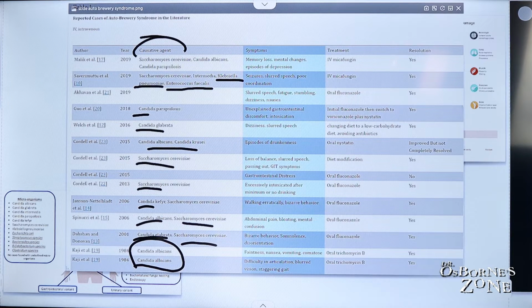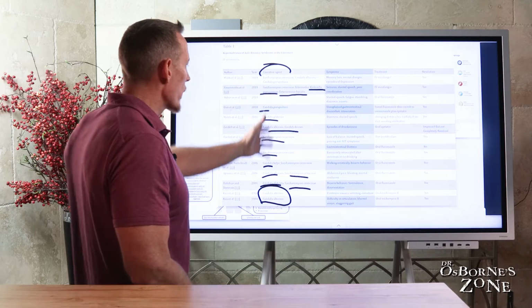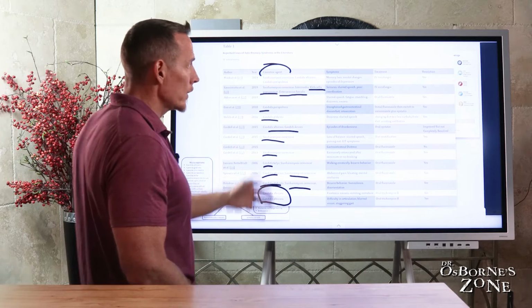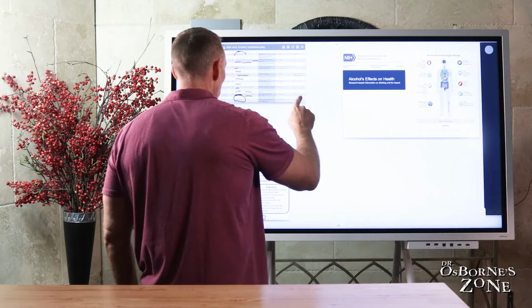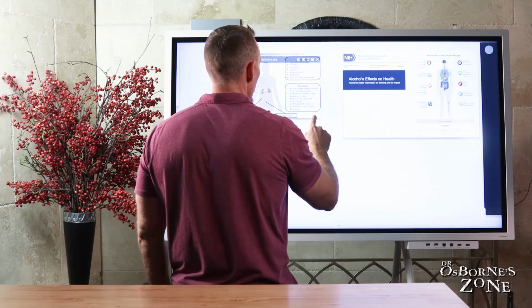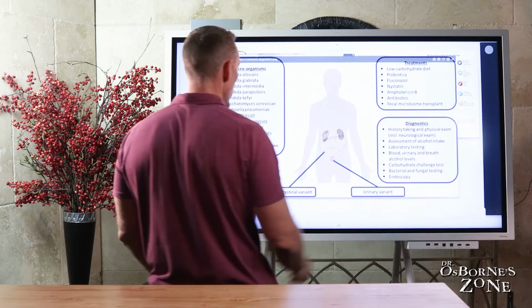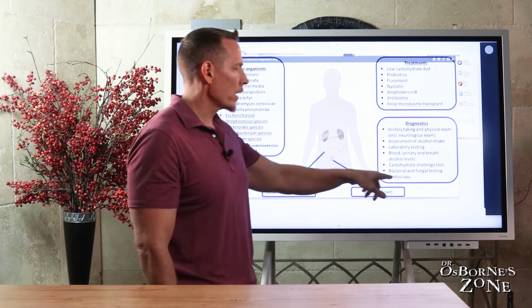So these are all case reports where this is what the patient presented with. These were the different microorganisms they tested and actually found, thus confirming a diagnosis of auto brewery. Now, auto brewery is not just restricted to your gut either. You can see here there's a GI variant, but there's also a urinary tract variant.